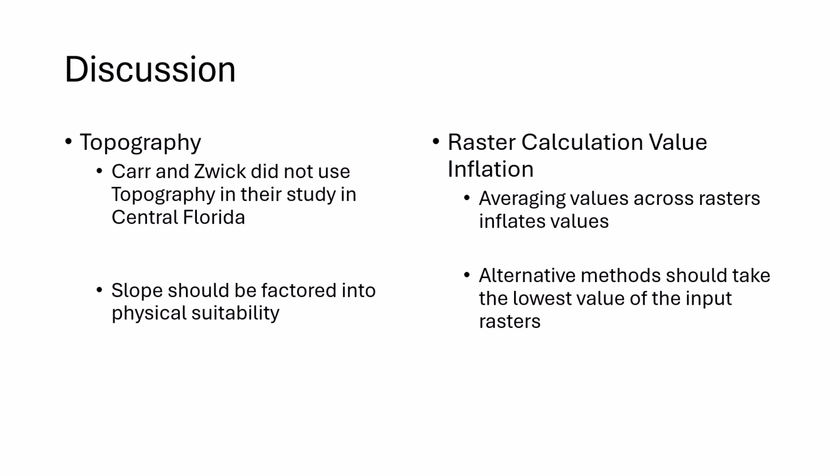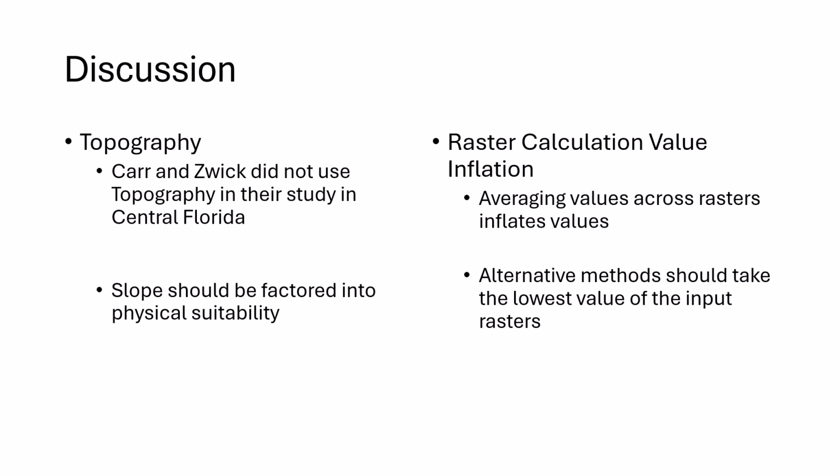And then the other thing is the raster calculation value inflation. I believe that the values were so skewed to the higher values because of the way that the raster calculation works: you take the average value of the pixels, and that artificially inflates the suitability each time you take those averages.